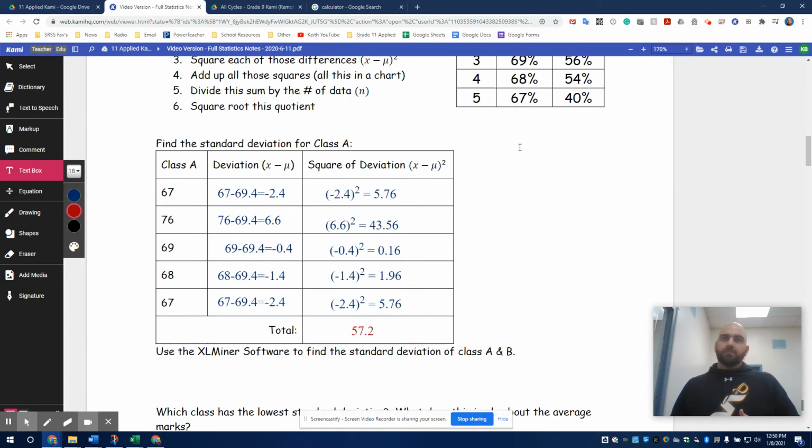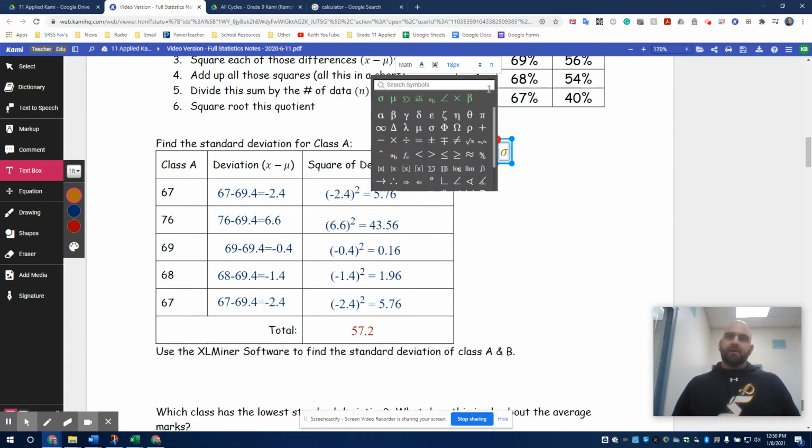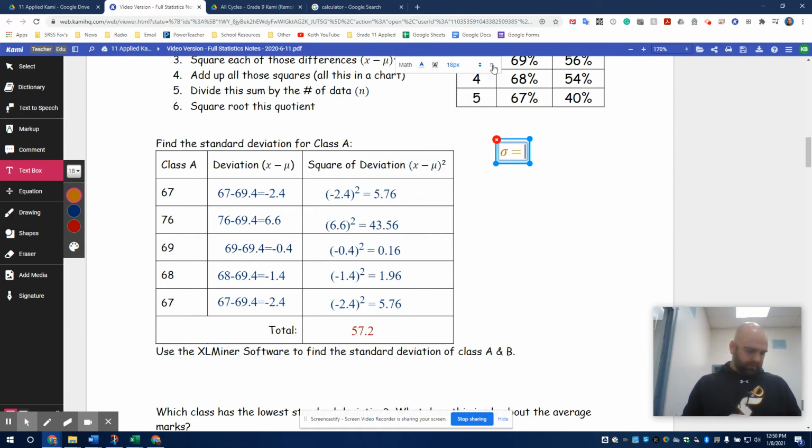So we've done some of that work already. And so we're going to put into our next one here, there's my function, sigma is equal to the square root of 57.2 divided by 5.